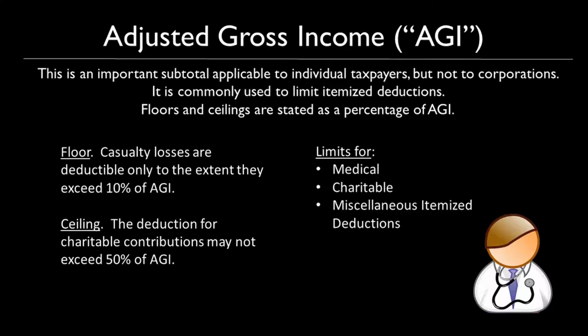Whereas for ceilings, you can only take a charitable contribution as long as it does not exceed 50% of your AGI. There are additional limitations for medical deductions, charitable deductions, and other miscellaneous itemized deductions. And we'll talk about those in a subsequent episode as well.